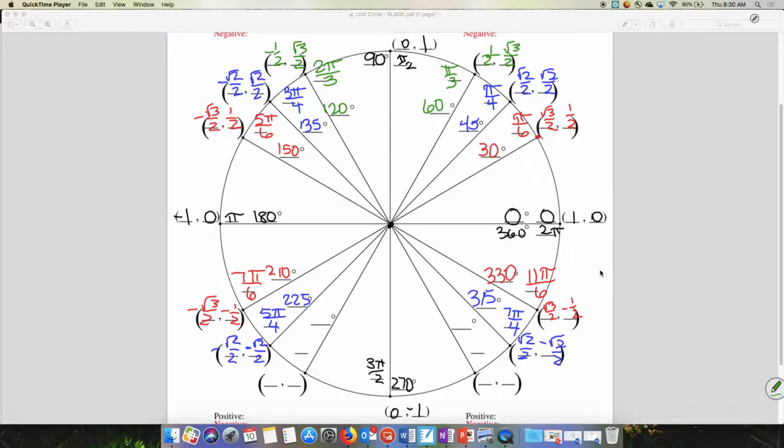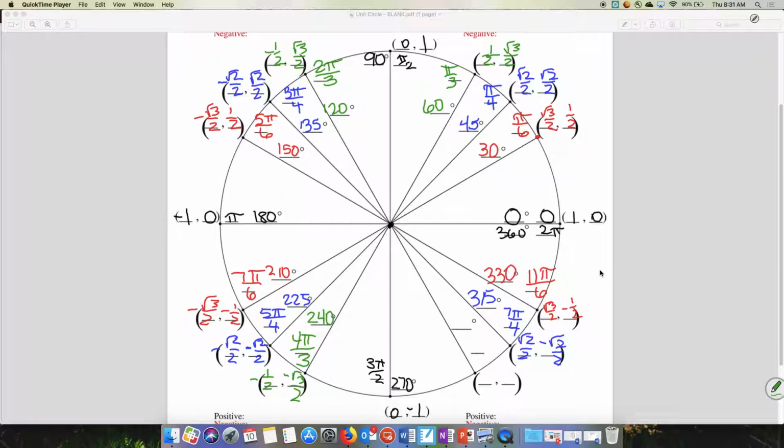In the third quadrant, we are 60 degrees past 180. To what? 240. Pi over 3 past 1 pi. We would have to travel left 1/2 and down radical 3 over 2.